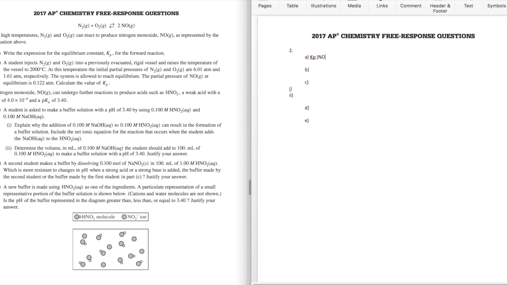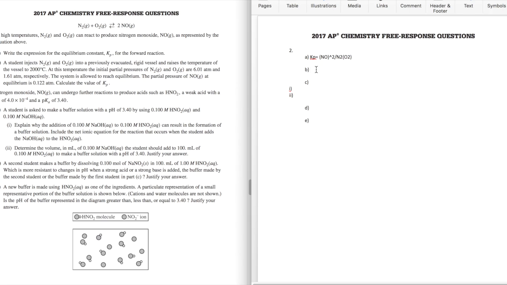So NO, because there's a coefficient of 2, it's squared, all divided by N2 times O2. All right, so that's your Kp. It'll look better on paper, but that's your Kp equilibrium expression for the forward reaction.